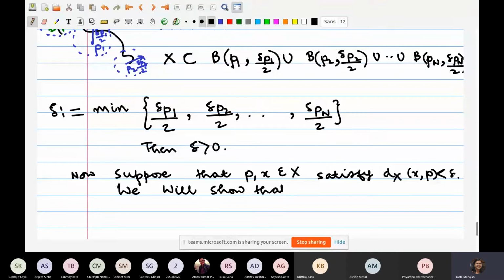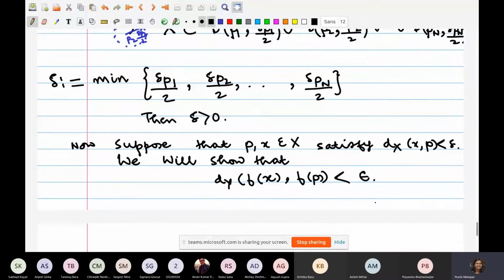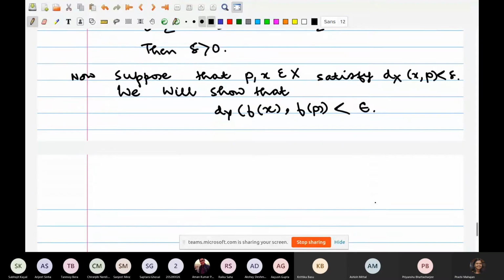We will show that the distance between f(x), the corresponding images, and f(p) is at most epsilon. So the same delta would work throughout the set X simultaneously. This is saying that f is uniformly continuous, which is what we wanted to do. Is this okay so far?